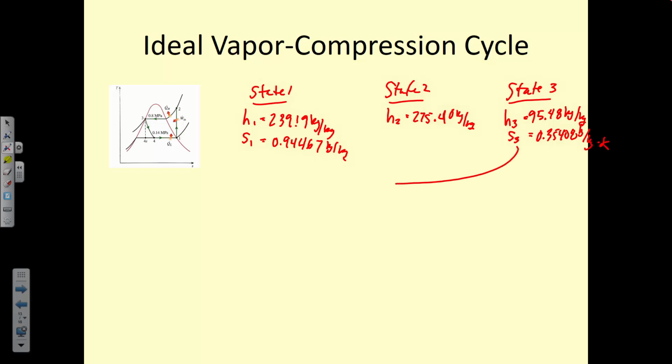Okay, so then we use this to find state 4. We're going to have to calculate quality, and so on. We find H4 is equal to 88.95 kilojoules per kilogram. Okay, so what was it before? 95.48. We've decreased our enthalpy to 88.95.